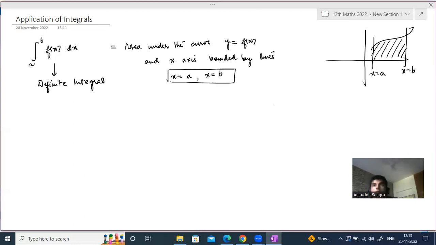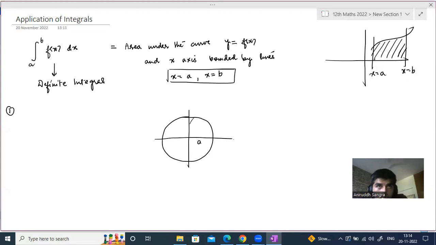Right, so we can use this in finding out the areas of various curves. Suppose there is a circle whose radius is a.